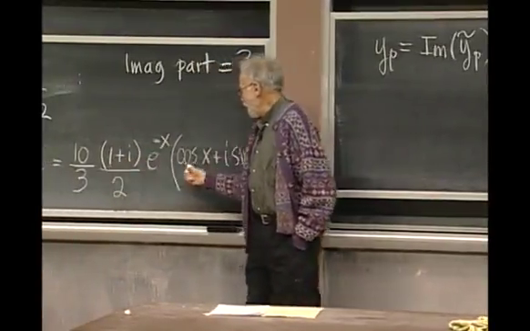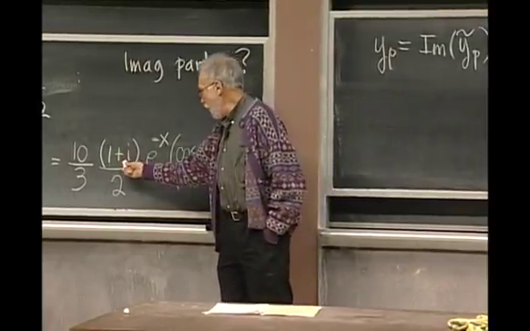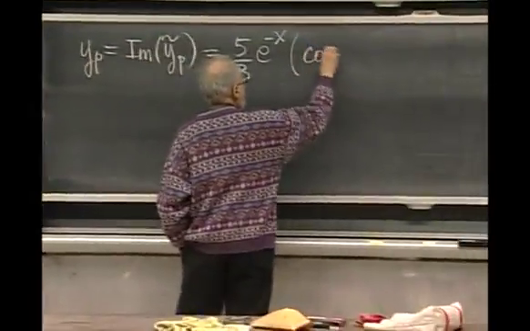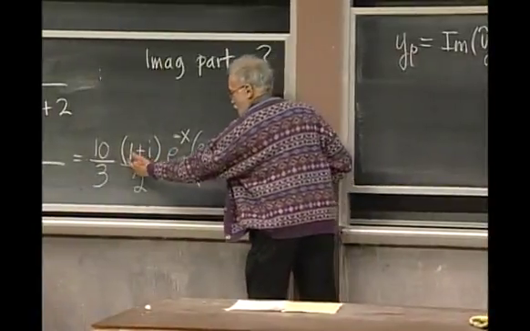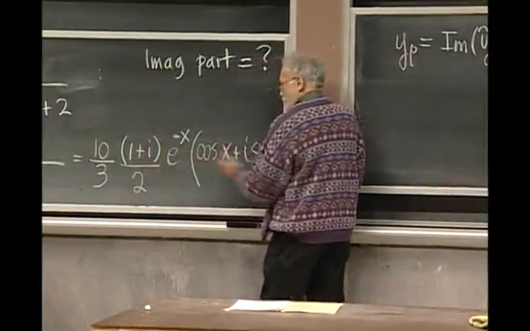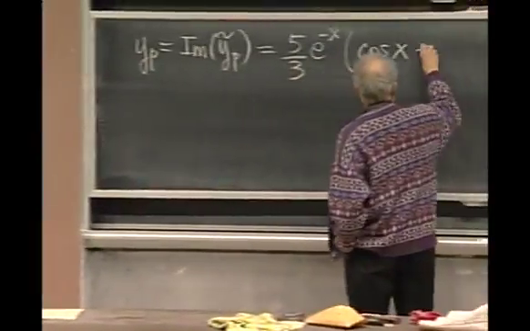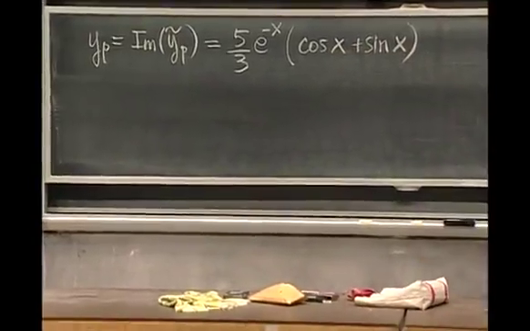Well, I want the imaginary part, so the imaginary part is going to be 1 times cosine x. And then the other imaginary part comes from these two pieces, which is 1 times sine x. And that should be the particular solution.